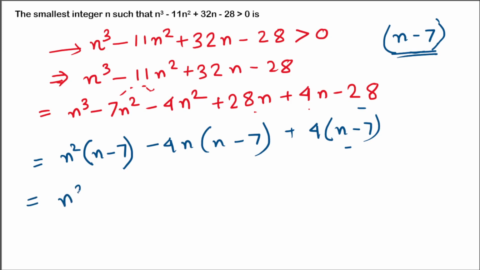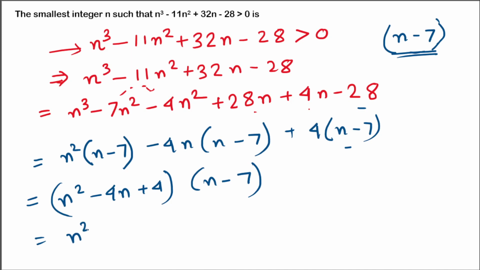So this we can write as n square minus 4n plus 4, and this will be n minus 7. And this is a very small formula, a square minus 2ab plus b square, right? So this is n square minus 2 into n into 2 plus 2 square, right?